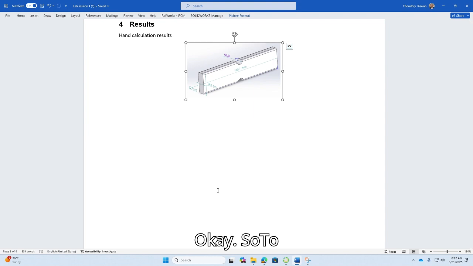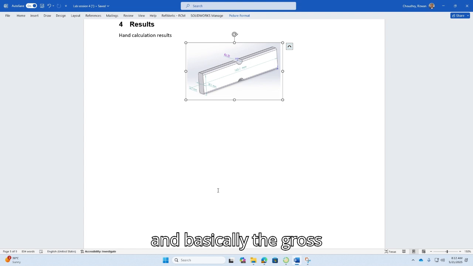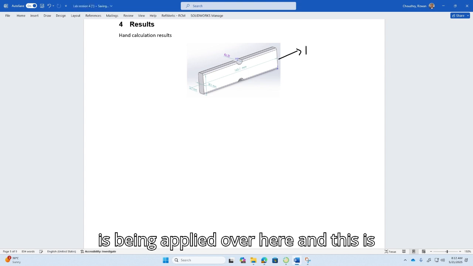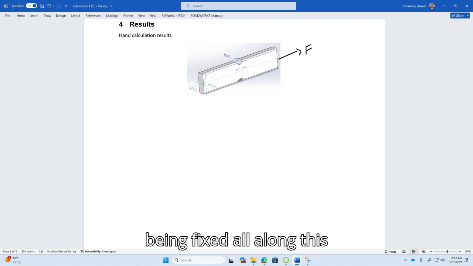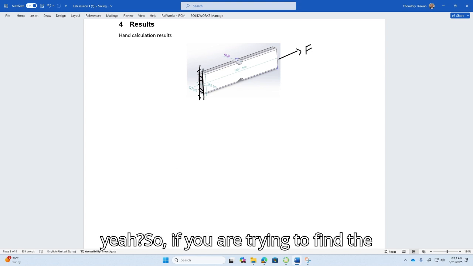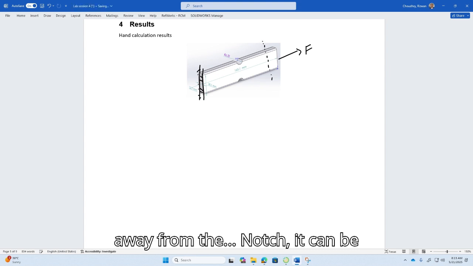Okay, so to find the net stress and the gross stress, we are saying that this load is being applied over here and this is being fixed all along this face, right? This face is completely constrained, yeah? So if you are trying to find the gross stress, it has to be away from the notch.